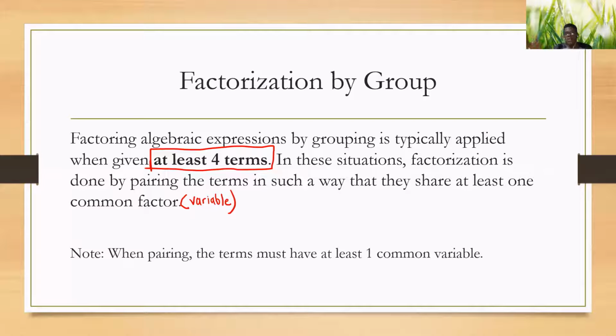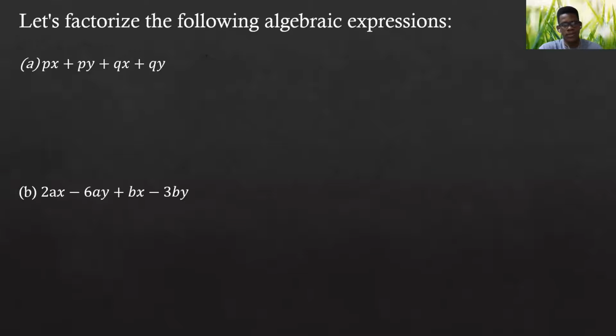It doesn't necessarily have to be a variable, but in most cases you will see a common variable in your pairs or in your groups, right? So when pairing or grouping, the terms must have at least one common variable, and I said that back here. Common factor or variable, either one, same. But I will show you what happens when you don't do that.